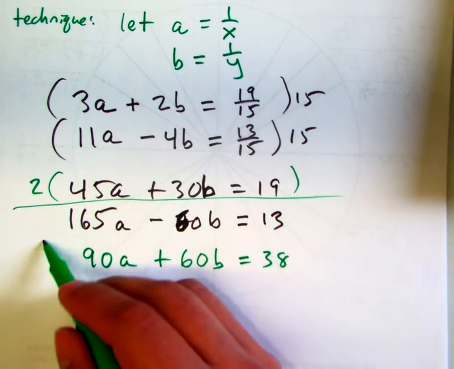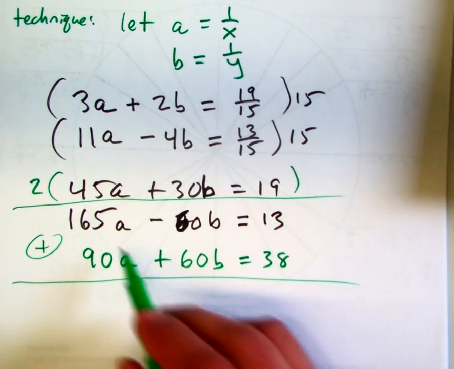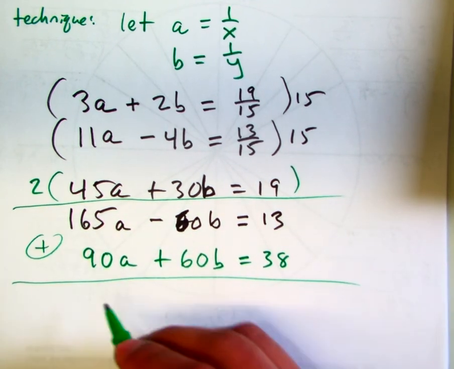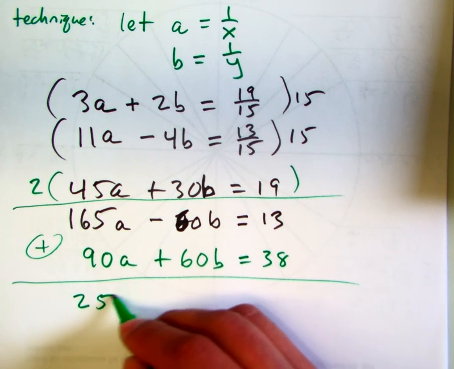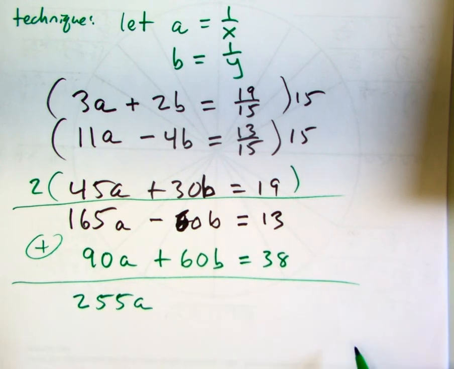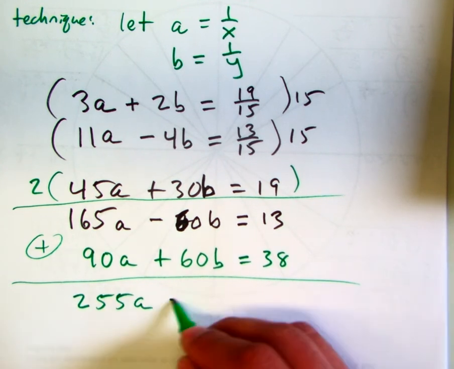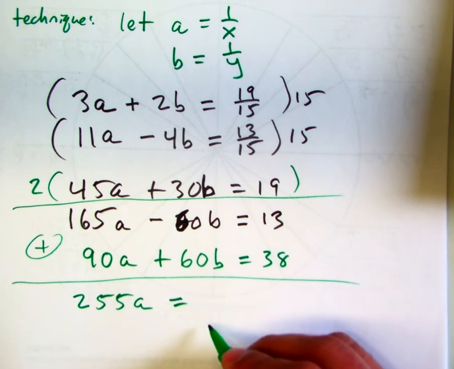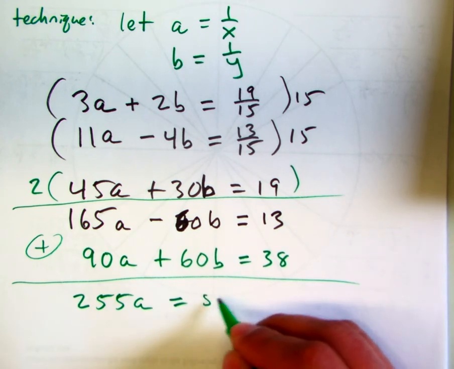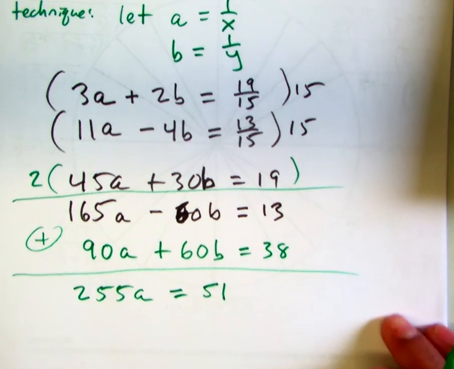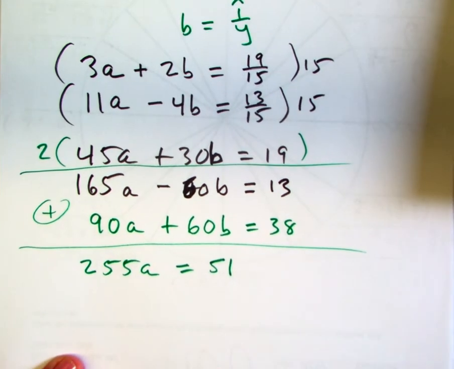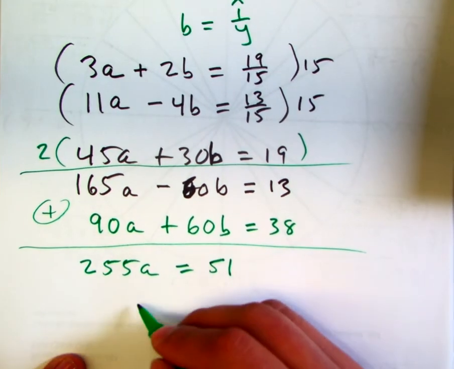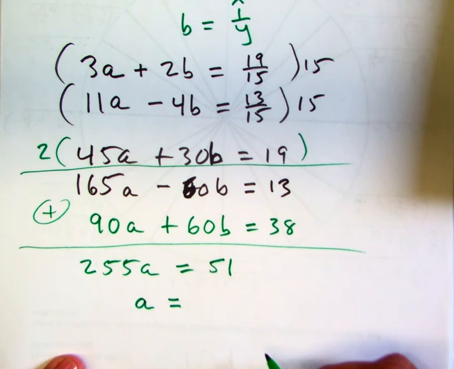Add these up. 165 plus 90 is 255a equals, what's 13 plus 38? 51. So if you divide by 255, 51 over 255 reduces to 1/5.